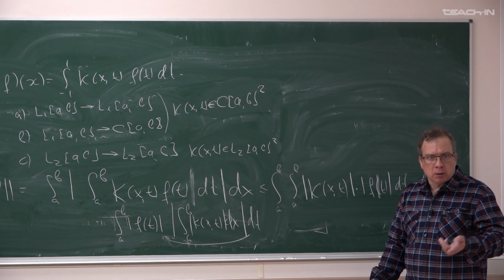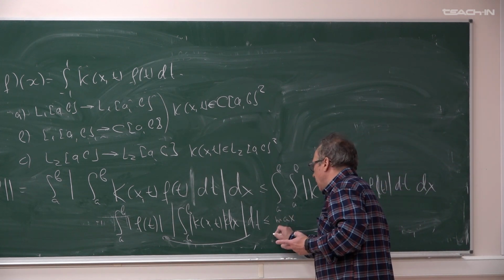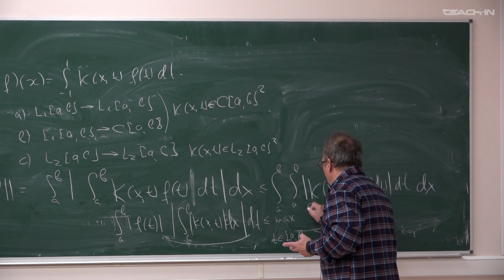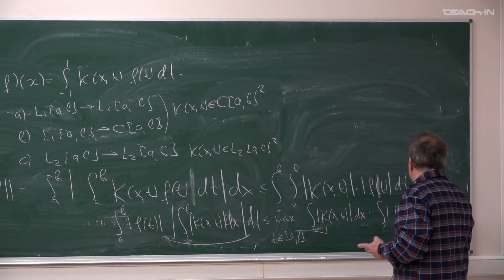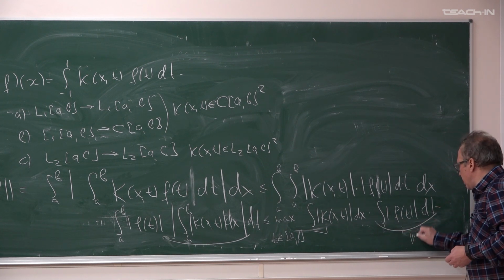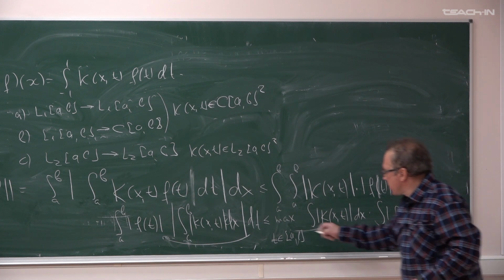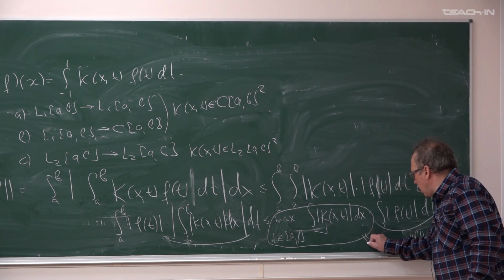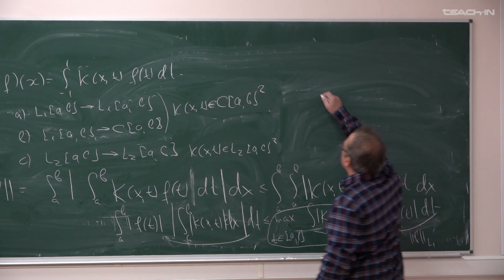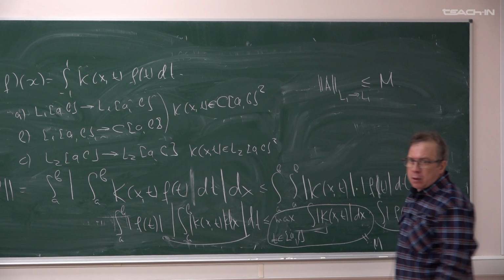The unique way to do it without a rough estimation is the maximum on t, and then we just obtain only this, the norm of f in L1. These steps are clear, yeah? So this is a candidate for the norm. For short, I define this as capital M, and we show that the norm of operator A from L1 to L1 is not more than M, yes?